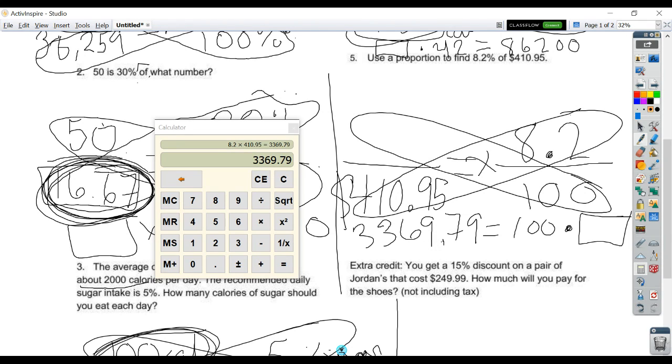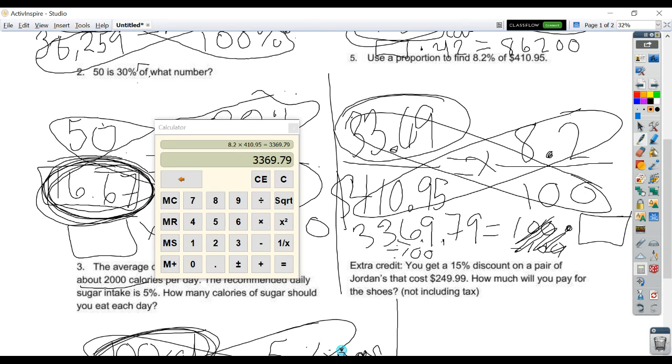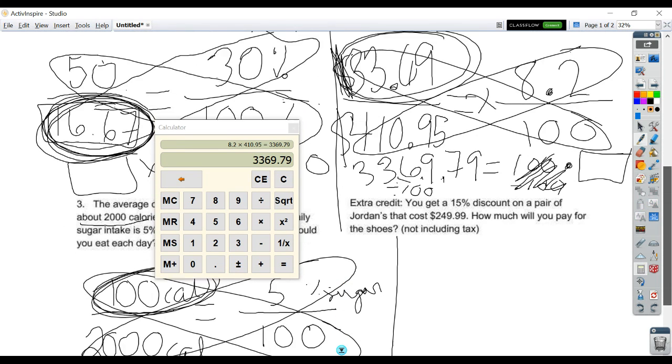And so when we do this, we've got this. And remember, if I don't know the answer to a multiplication problem, I divide to find what it is. So I divide by 100. I divide by 100. This goes away. I'm left with my answer. And when I divide by 100, you really just move the decimal. So this ends up being $33.69. Put $33.70, that's fine. $33.69.